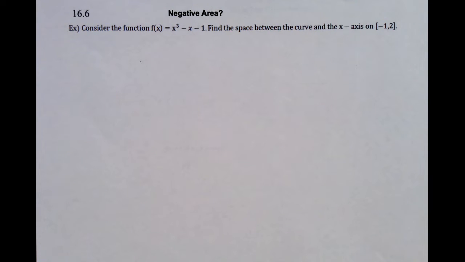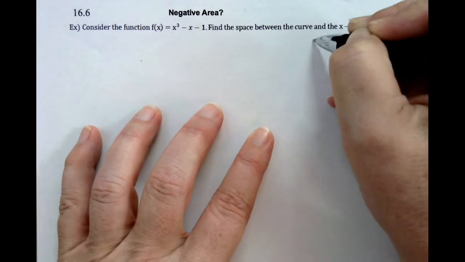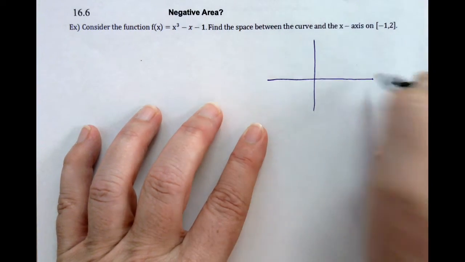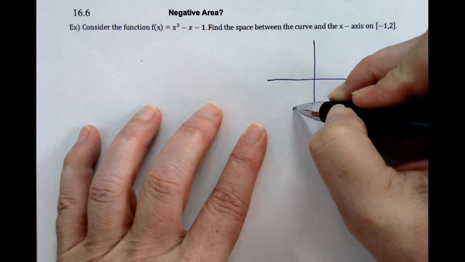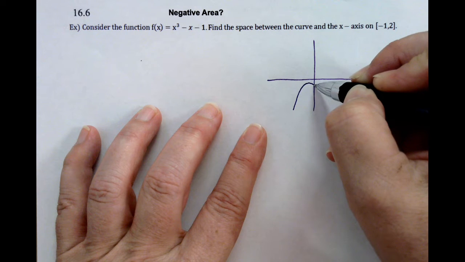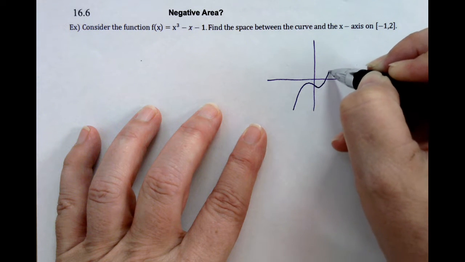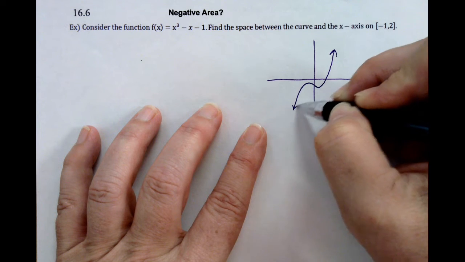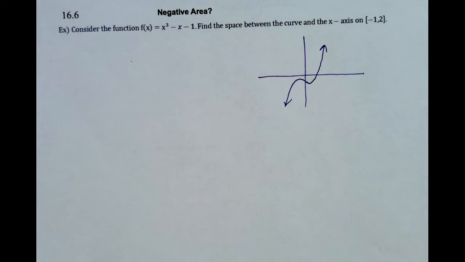Is that it right there? Didn't make any mistakes? Okay. Decent graph. So basically, it looks like that right there. I just drew it, looking at my graph on my calculator.